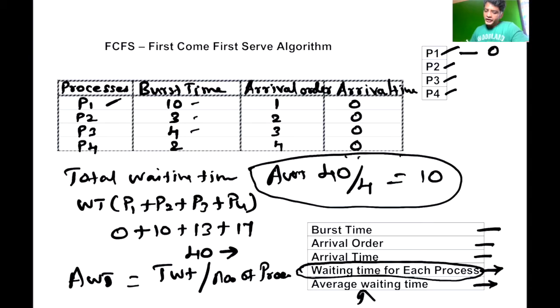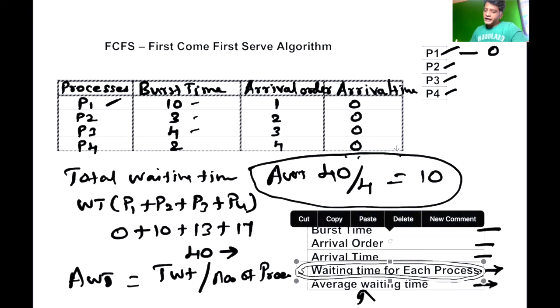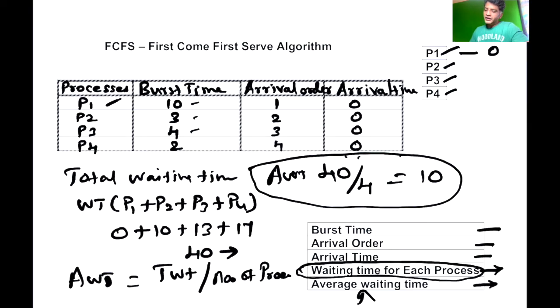But to calculate P2's waiting time, you need to consider the execution time of process 1, because only after process 1's execution can process 2 start. The arrival time is 0, so you can leave it. P1's execution time is 10, so P2's waiting time will be 10.